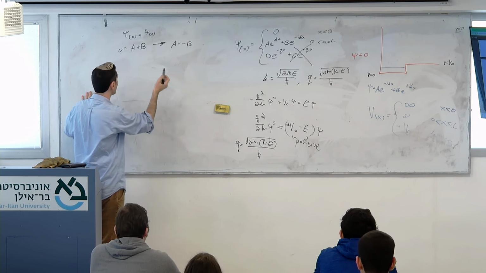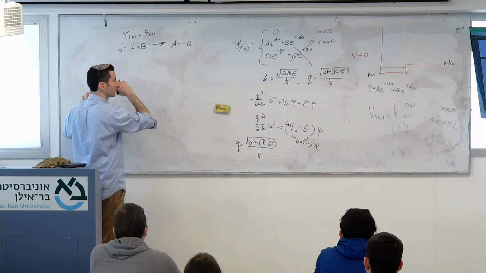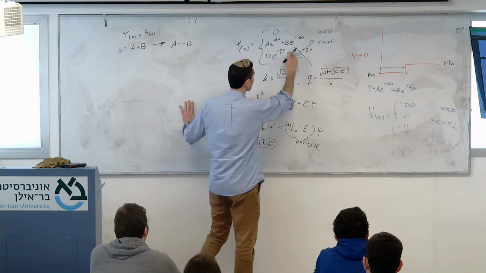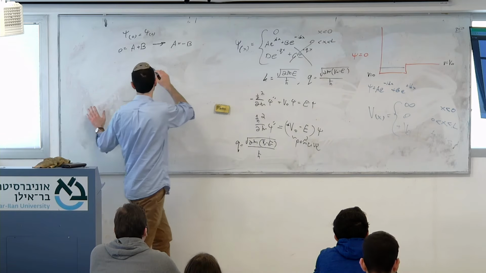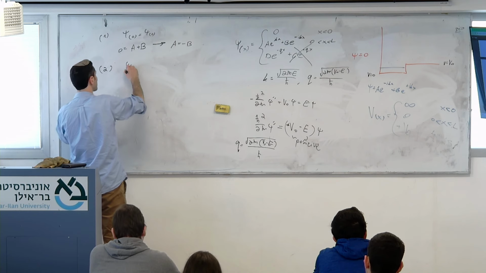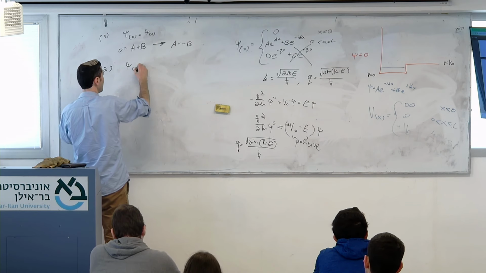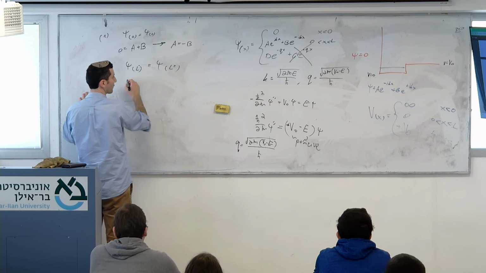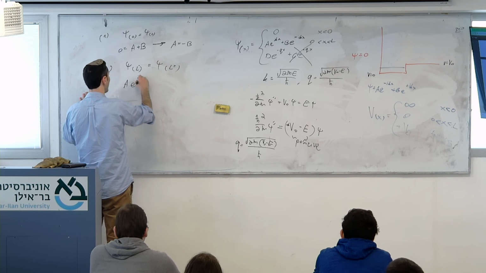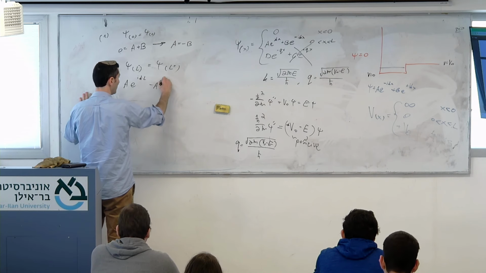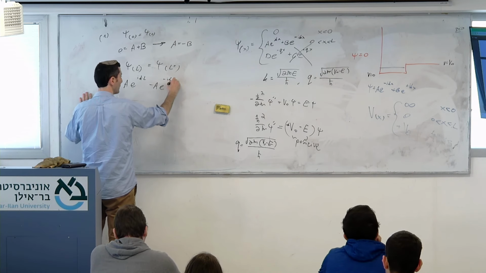Now let's do continuity here. I want psi of L minus to equal psi of L plus. Therefore, A e to the iKL plus B e to the minus iKL.